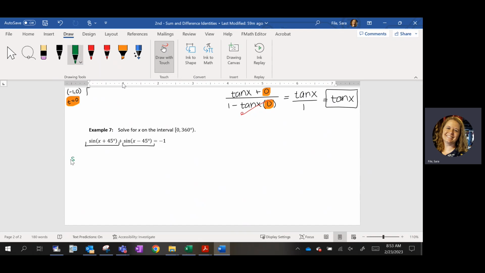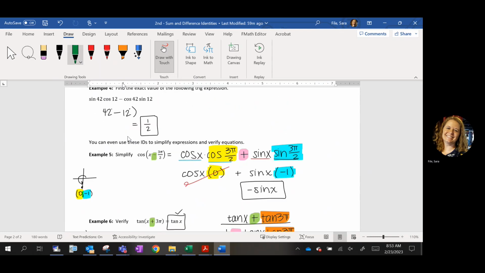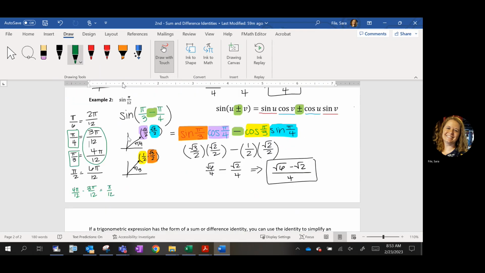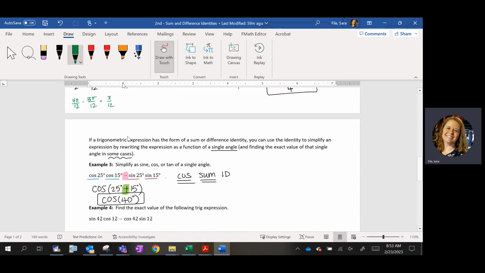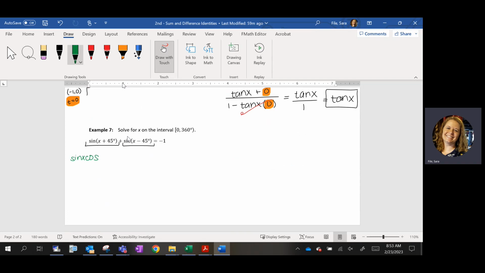So remember, sine is the one that mixes together. So you do sine of x, cosine of 45.